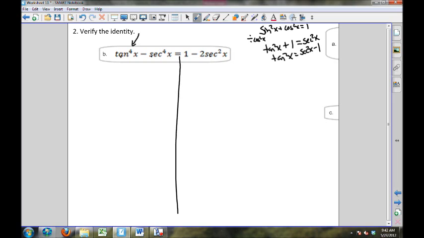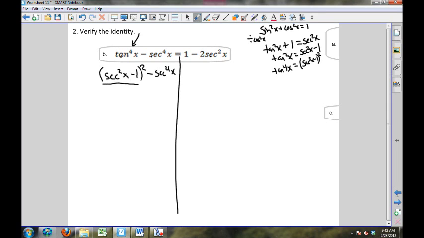Well, here I have a tan to the fourth, so let me square this. Tan to the fourth x equals secant squared x minus 1 squared. So that's what I'm going to replace tan to the fourth with. Secant squared x minus 1 squared minus secant to the fourth x.